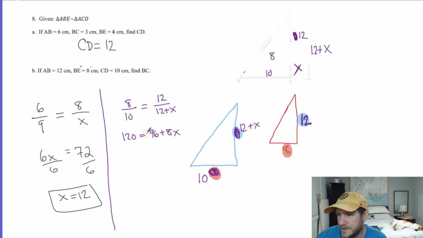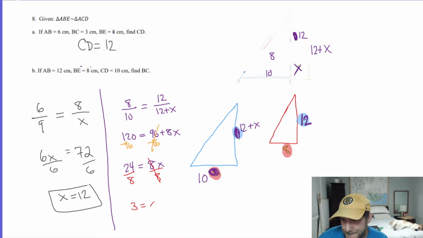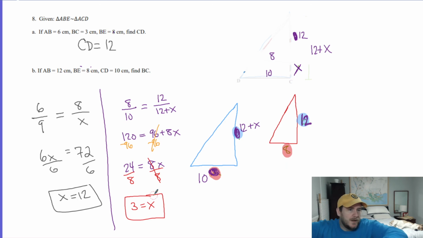And then to solve, we got to subtract 96 from both sides. Those cancel. 24 equals 8x. So now just dividing by the 8 should get us to a final answer of 3. And that's it.